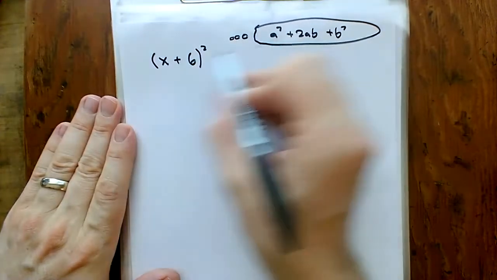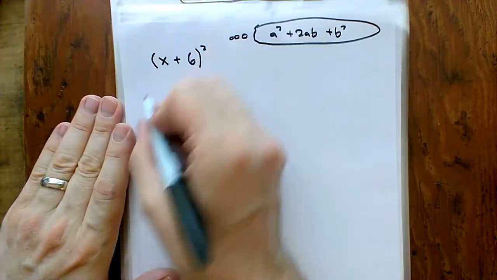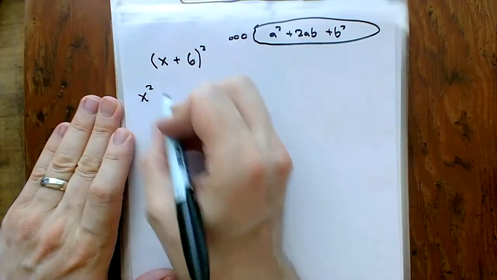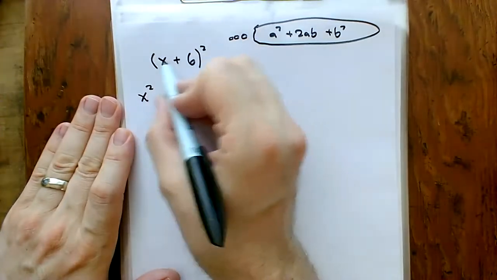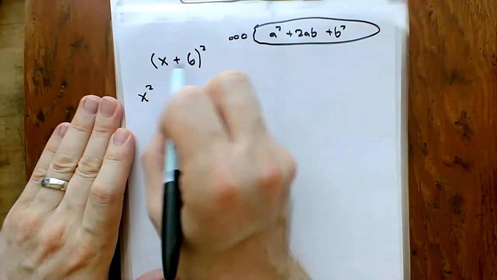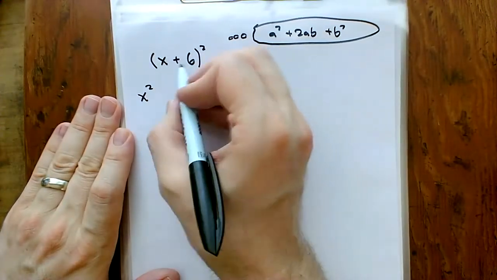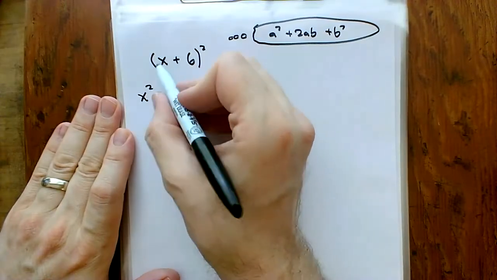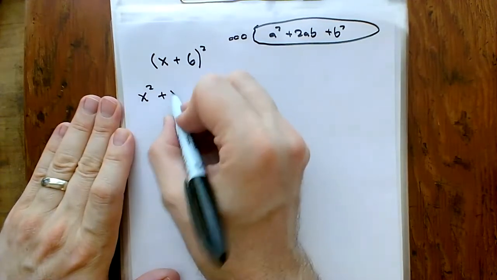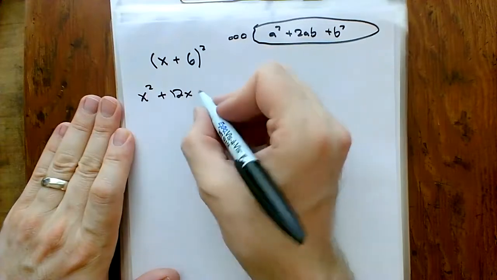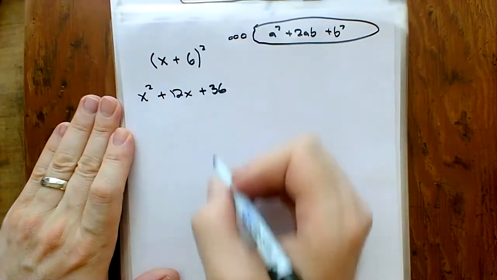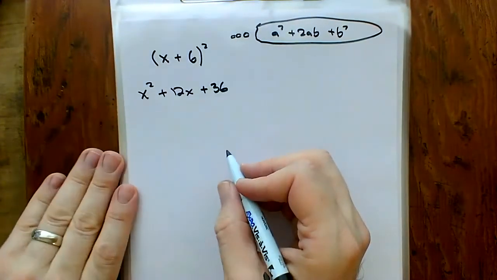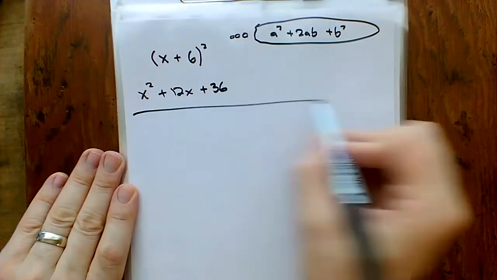Our first term is our first term squared, x squared. It's going to be 2 times x times 6, so x times 6 is 6x. I'm just going to double that, so it's basically 6x plus 6x, or 12x. And then 6 times 6, 36. When you start thinking about it that way, it goes fast.